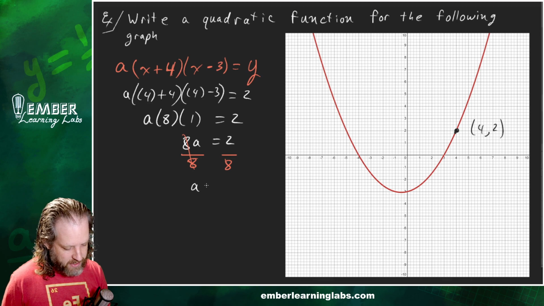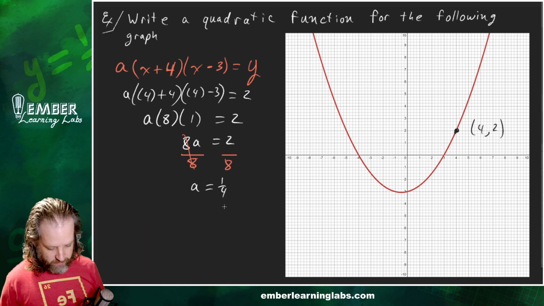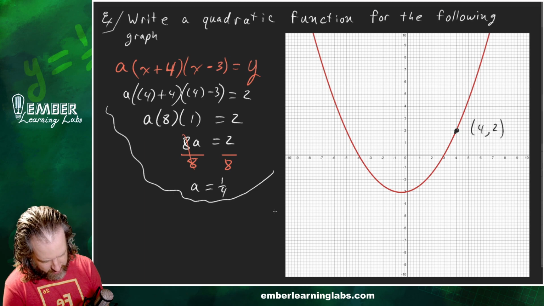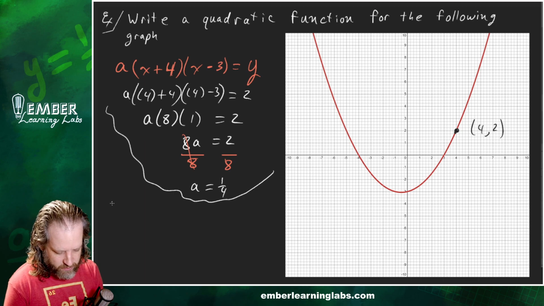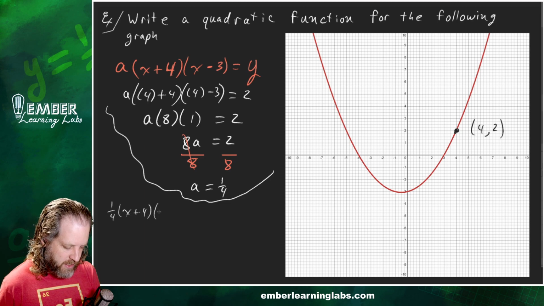So a equals 1/4. So now we have the equation for our solved problem here. We have the equation 1/4 times x plus 4 times x minus 3 equals y.